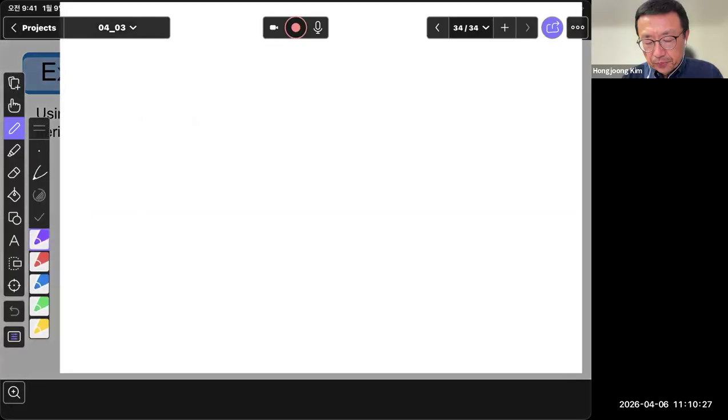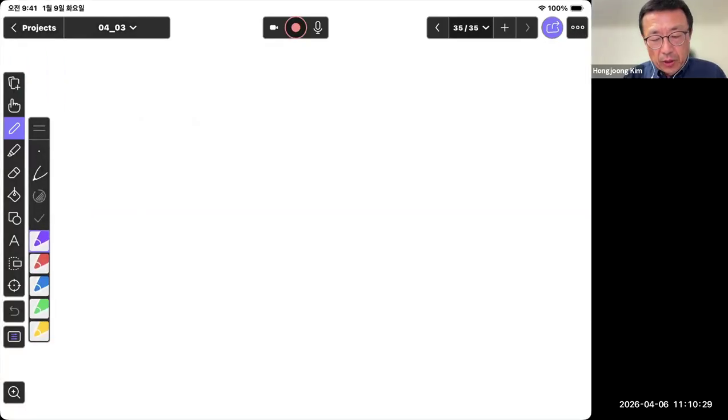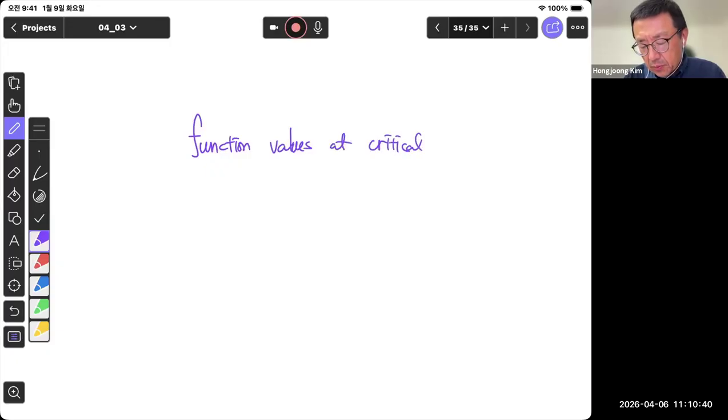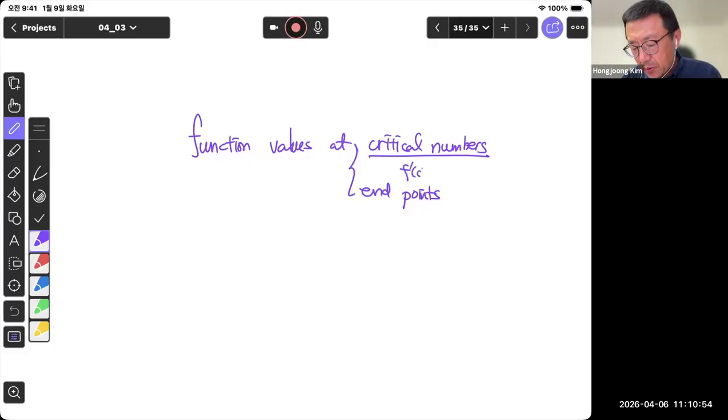So please remember, you need to evaluate function values at critical numbers and endpoints. When I say critical numbers, we have two possibilities. f prime of c is 0 or f prime of c does not exist.